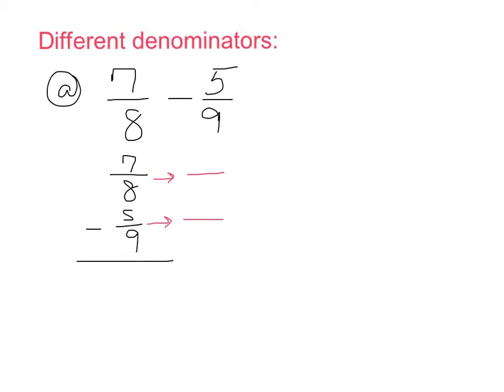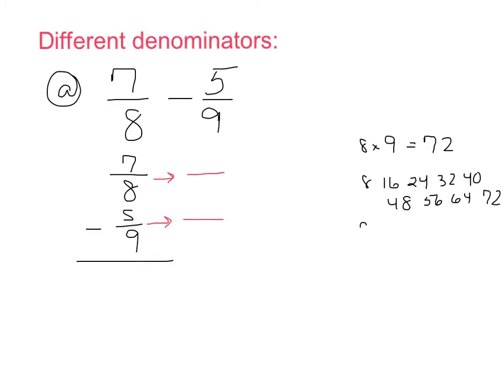So I think of what is the least common multiple of 8 and 9. A couple different ways I can do this. 8 times 9, if I multiply the denominators, I will always get a common multiple. It might not be the least. Another way is to list out 8, 16, 24, so all the multiples of 8. So it'd be 32, 40, 48, 56, 64, 72.